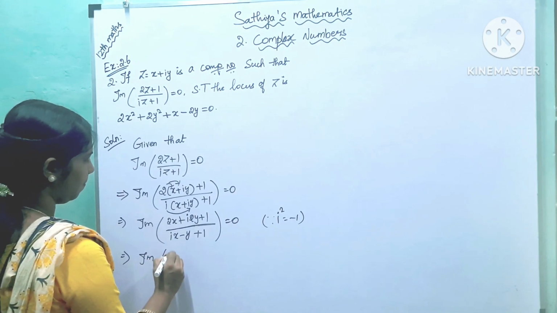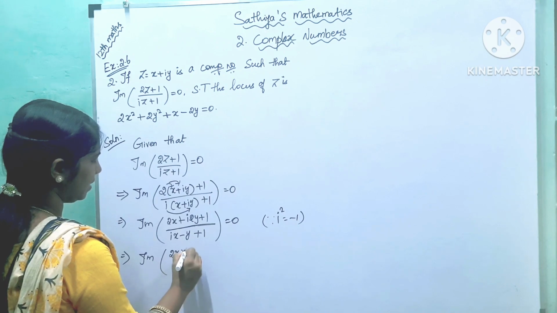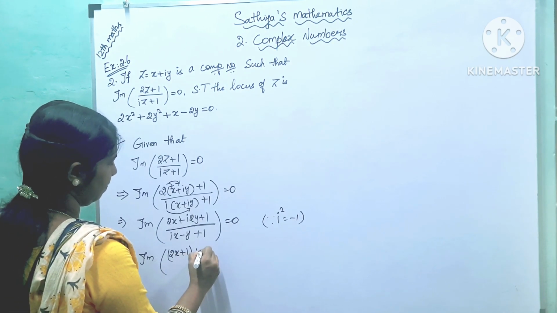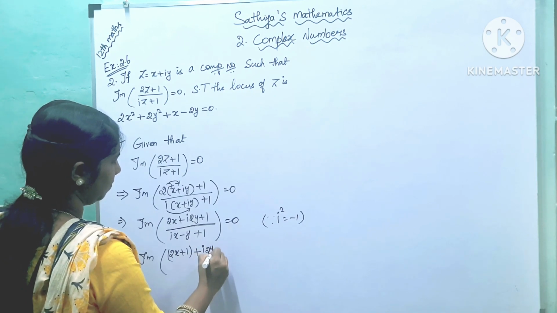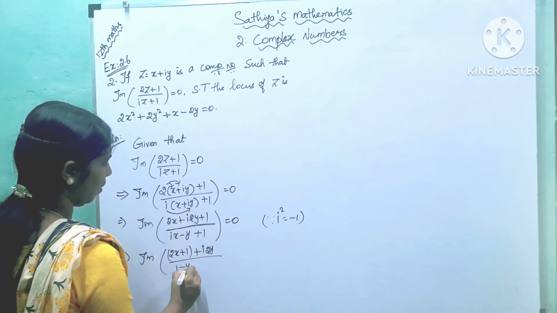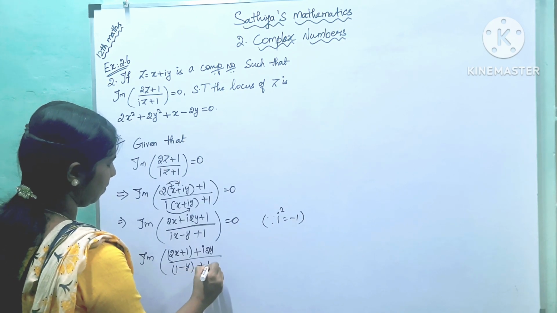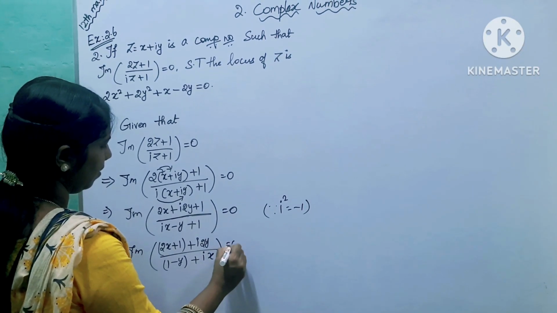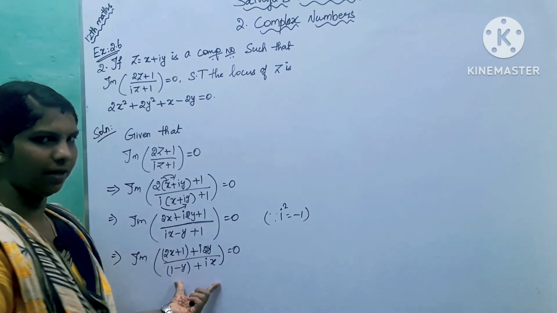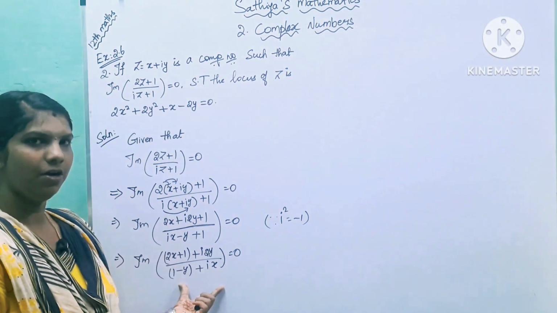Imaginary part of 2x plus, we can separate the real part and the imaginary part. Look at the denominator: the real part is 1 minus y and the imaginary part is ix. So the denominator has a complex number. Whenever the denominator has a complex number, we will multiply and divide by the conjugate.